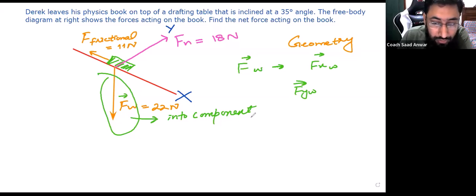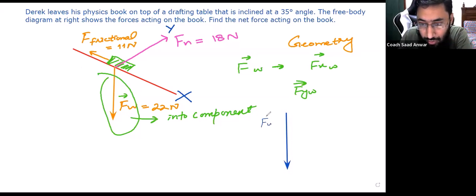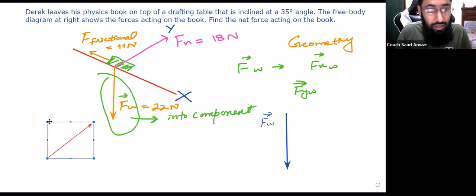So if I draw this force separately, it would be like this. This is the force Fw, a vector force, with two components. One component should be along the x-axis.